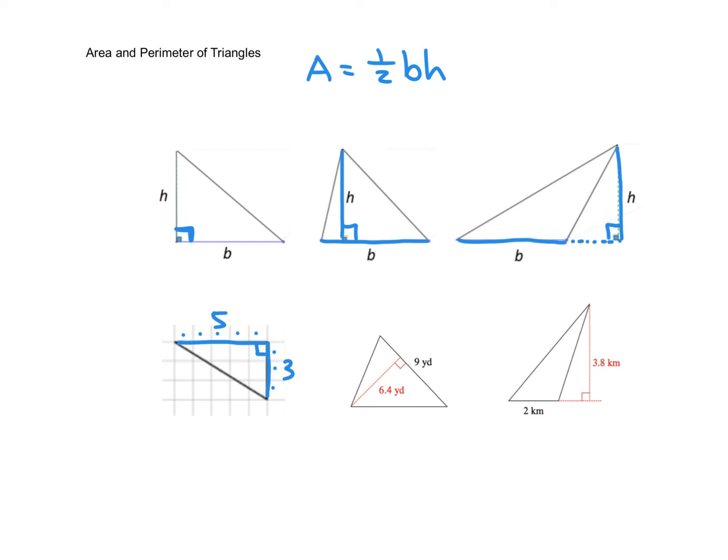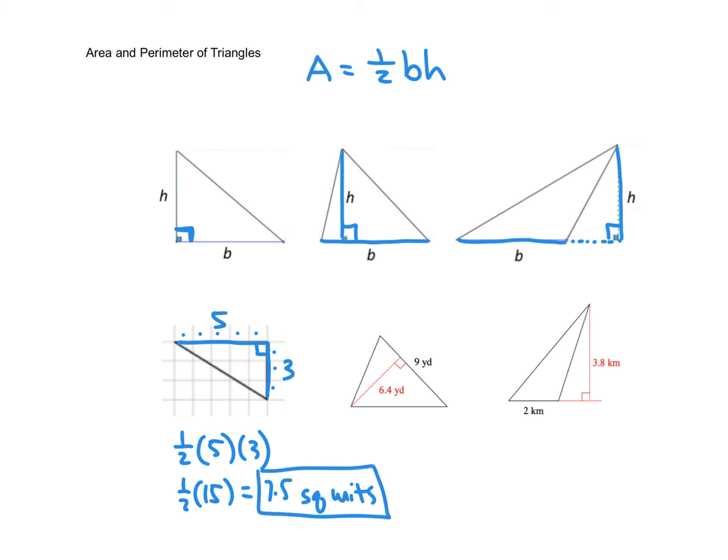Using 5 and 3 for the base and height, we're going to do 1/2 times 5 times 3, which is 1/2 times 15, which gives us 7.5. And I don't know the units for this problem, so I'm just going to write square units because it's area.